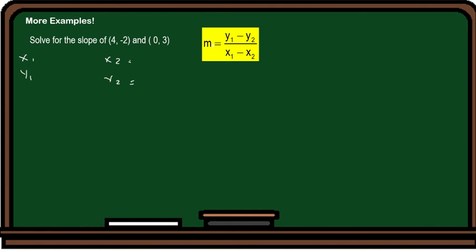So, x sub 1 is 4, y sub 1 is negative 2, x sub 2 is 0, and y sub 2 is 3. So, m is equal to y sub 1, which is negative 2, minus y sub 2, which is minus 3, over 4 minus 0.